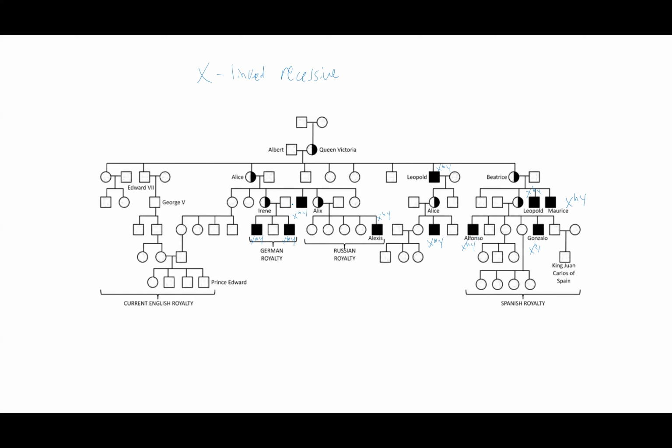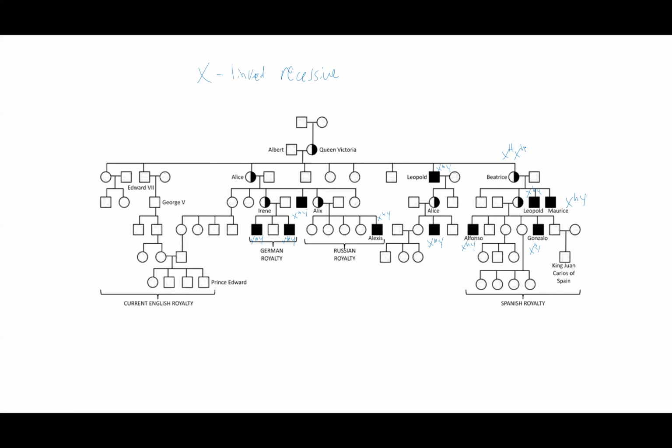If they are X little h Y, where did that X little h come from? Their mom or their dad? It had to come from their mom, so every single one of their mothers has to be X big H, because they're not affected, X little h, because they're a carrier.